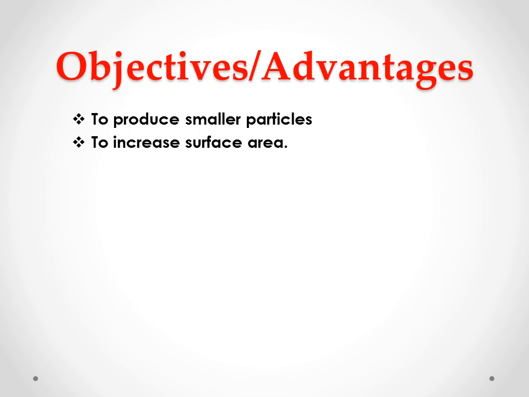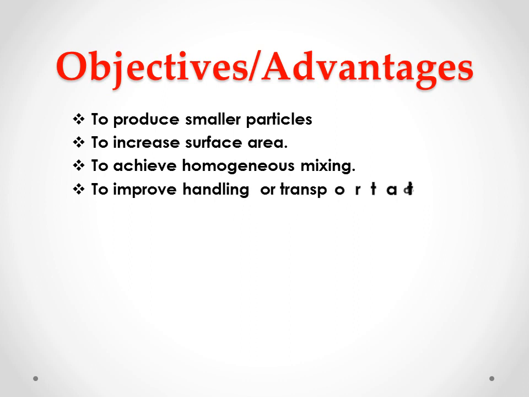Higher surface area is required for improving the absorption and dissolution process of drugs. Next, smaller particles are also essential for proper or homogeneous mixing of powders, and they are also important for making uniform formulations. Further, handling and transportation of smaller particles or substances is easier as compared to bulk products or bigger ones.